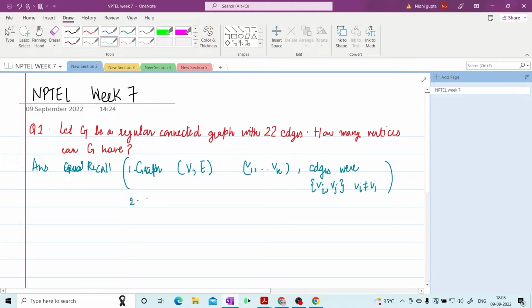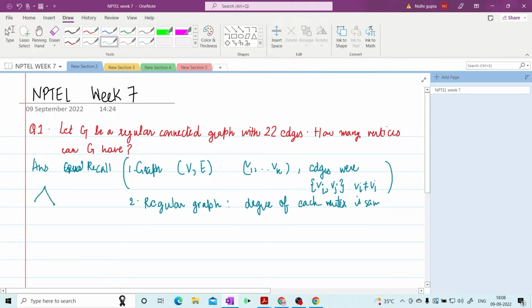Second, by regular graph we mean that the degree of each vertex is the same.